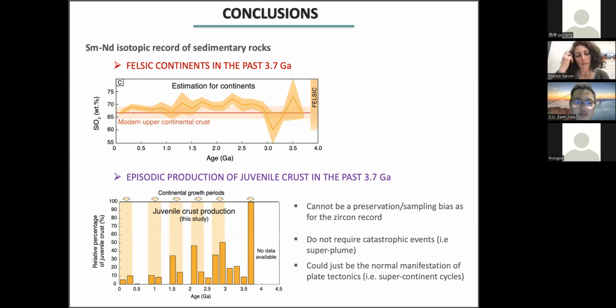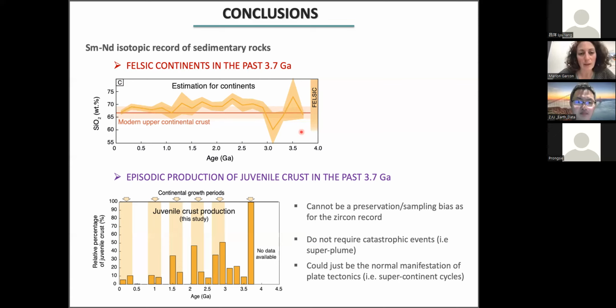Of course, the highest uncertainty here is linked to the fact that we are looking at one or two Archean terrains, older than 3 billion years. There are not a lot of areas on Earth. So here you have a large variability simply because you do not have a lot of samples to work with.